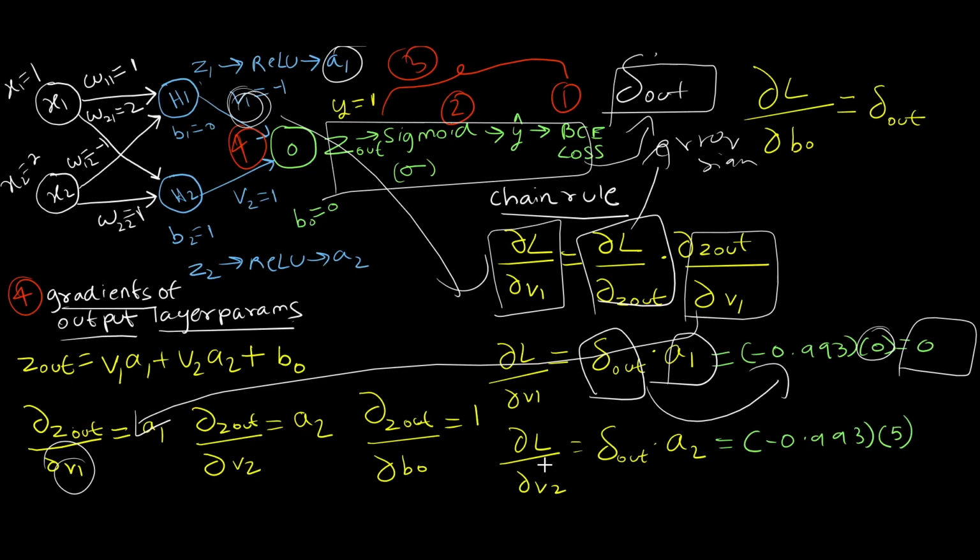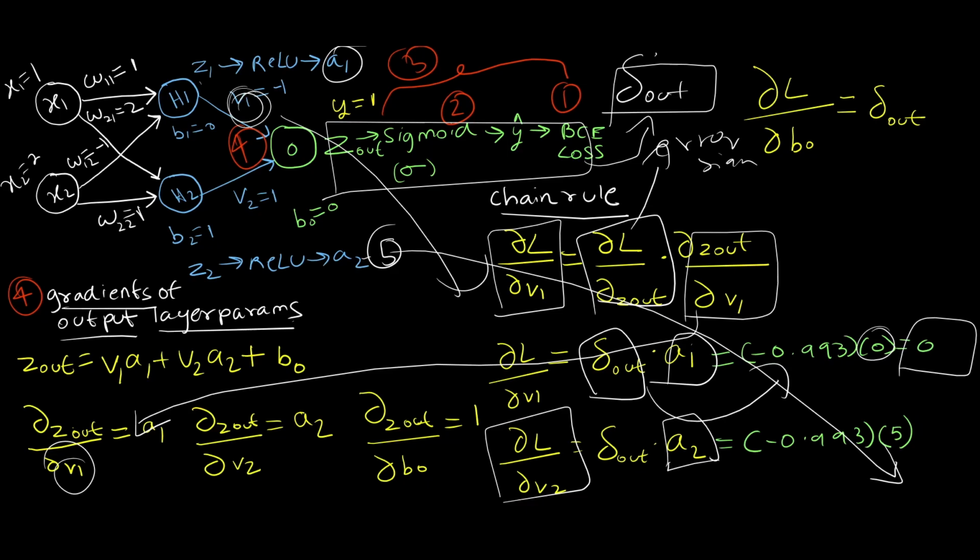The next one is we have to calculate the gradient of the loss with respect to v2, which is the second weight. Similarly, we have the same formula, but instead of a1 we'll have a2. We calculated it to be 5, so we have 5 here.